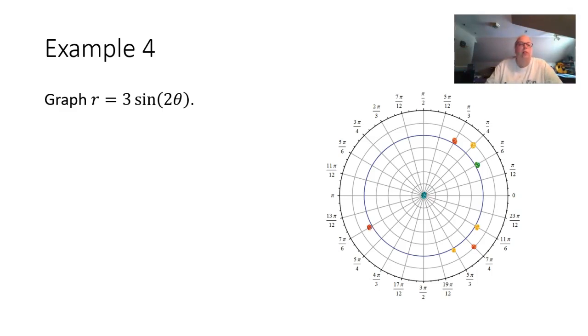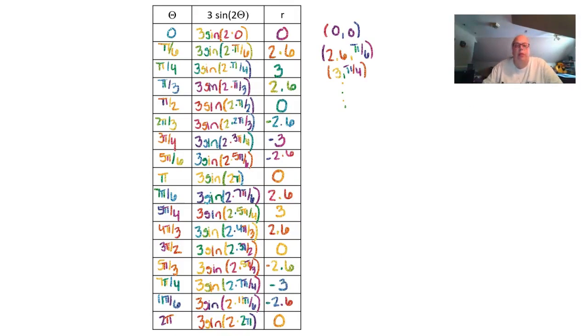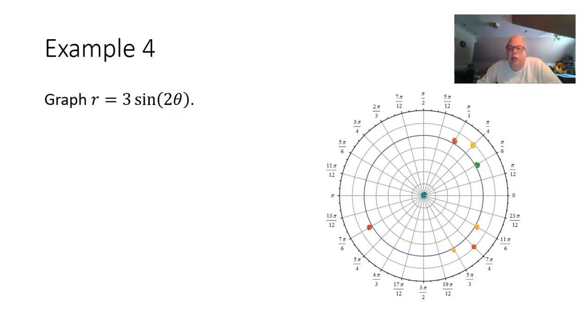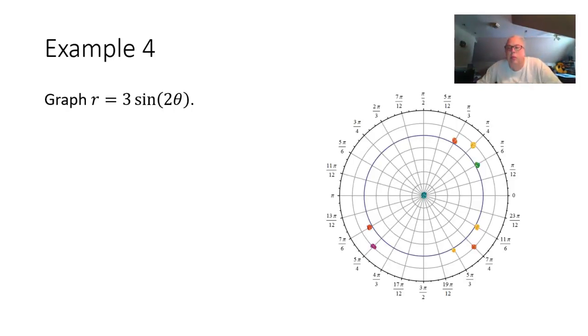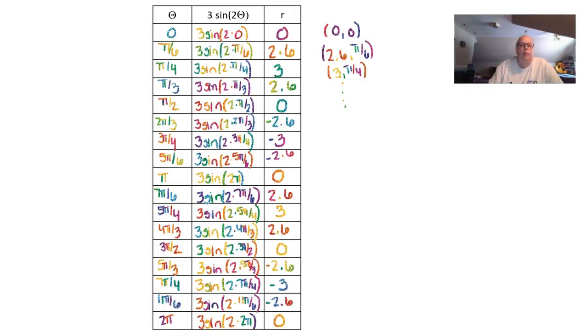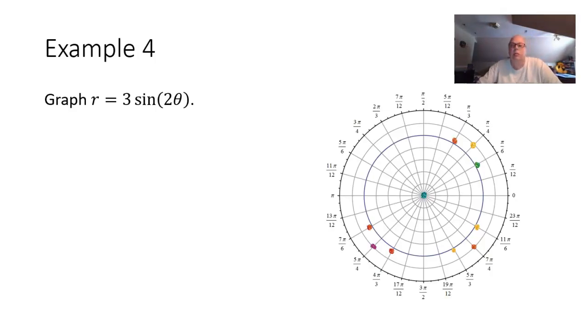Here. Pi over 4 is negative 3. Here. Pi over 4 is negative 2.6. So 5 pi over 3 is negative 2.6.